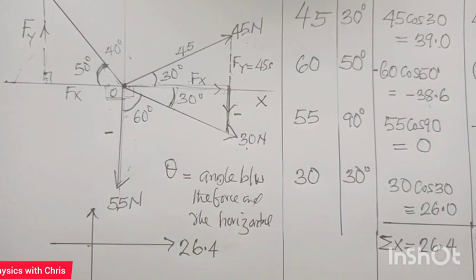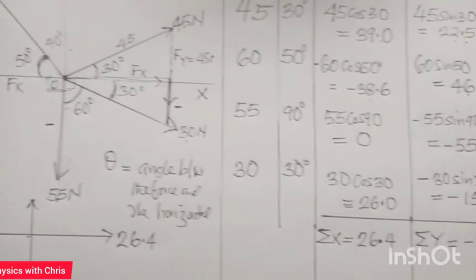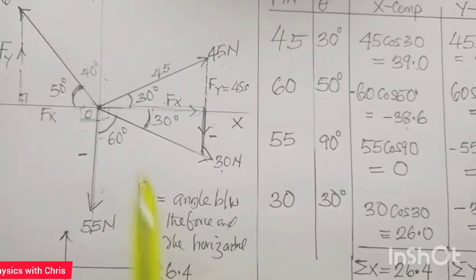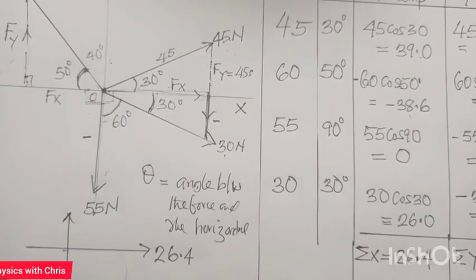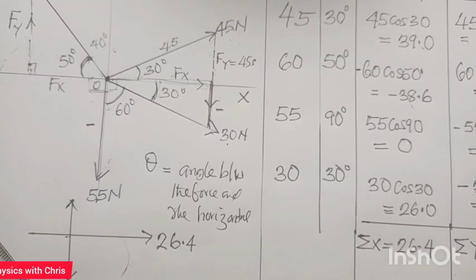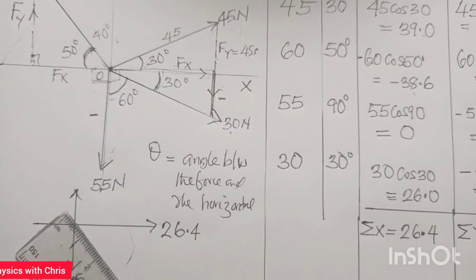Then the sum of all the forces acting vertically is minus 1.5. That is negative, so I come here and write 1.5. So the entire diagram reduces to this system of two perpendicular forces. Along the x-axis is this, along the y-axis is this.